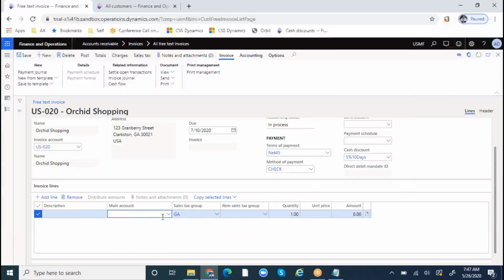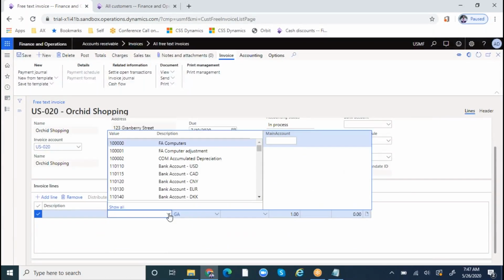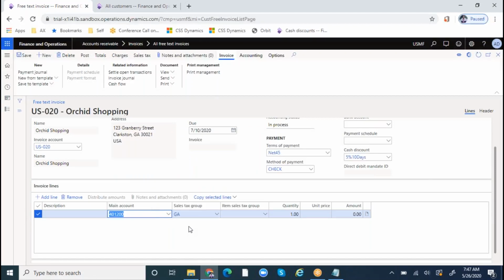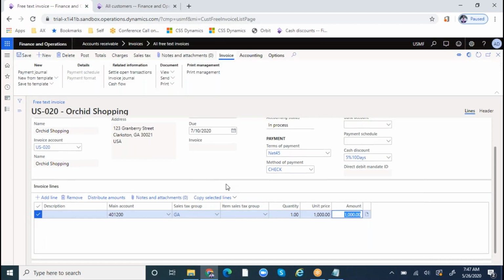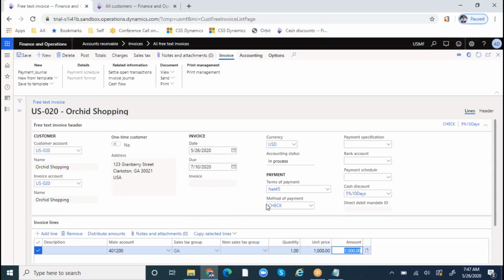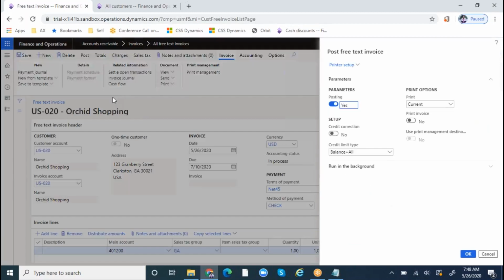Now I'm entering the revenue account. I'm removing taxes at this point. I'm entering 1000. Due date is automatically calculated from the invoice date, 45 days. I'm clicking on post. Click OK.